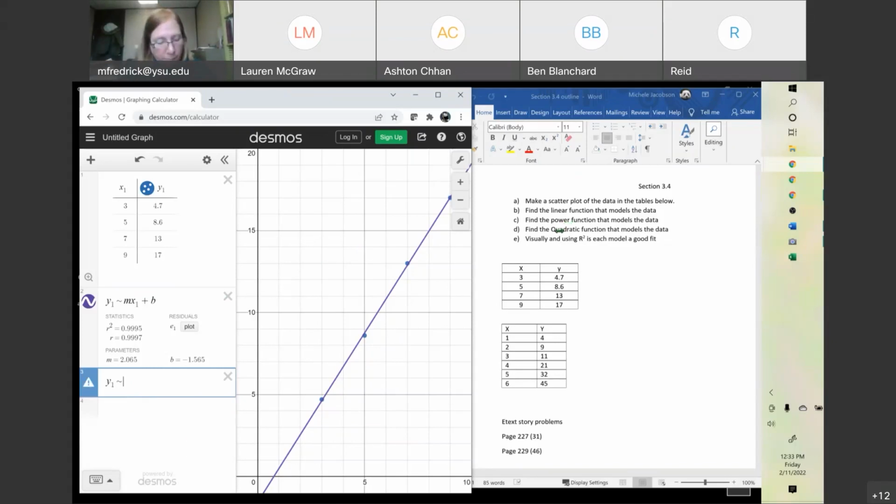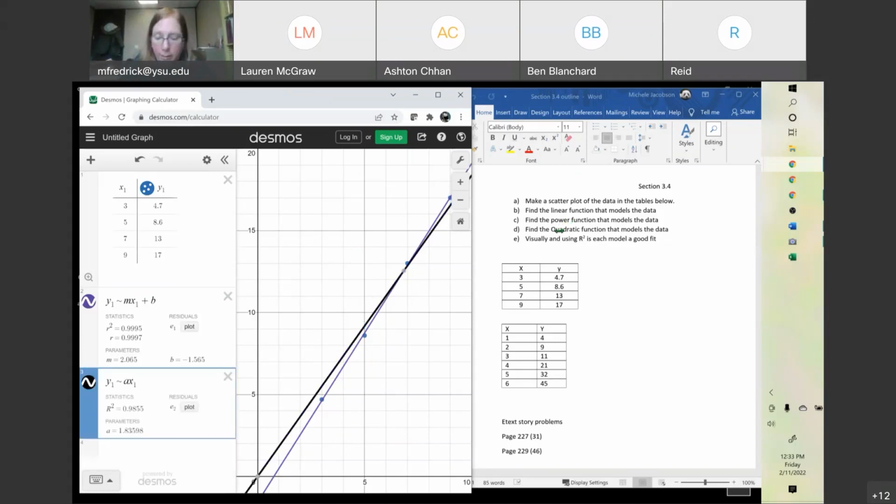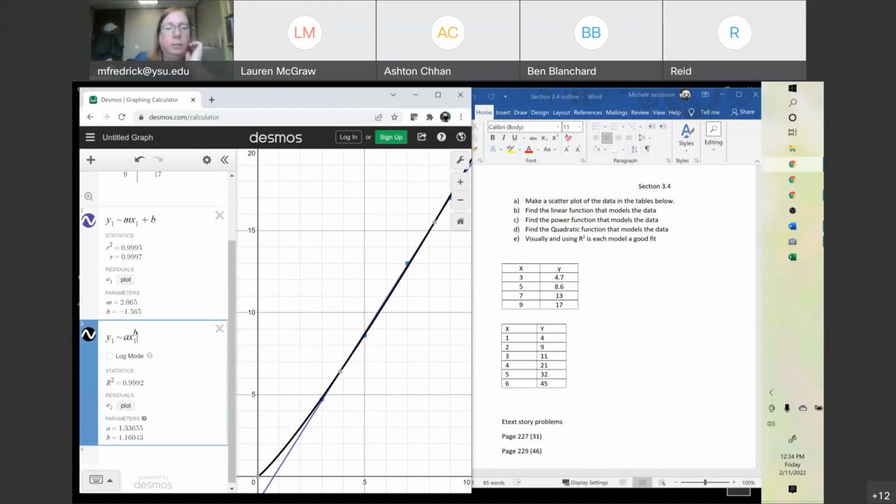So the power function, remember, is a x1, and then a caret, so that goes into the exponent, and you put your b. The purple is the straight line. The black line is the exponential.